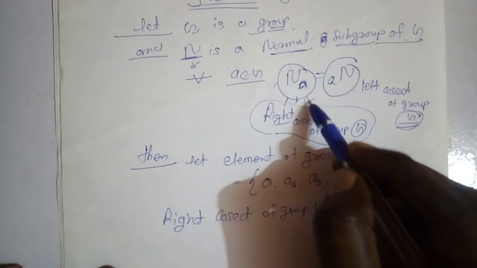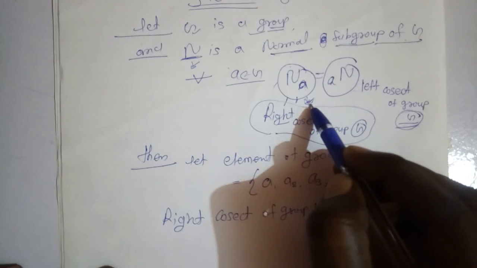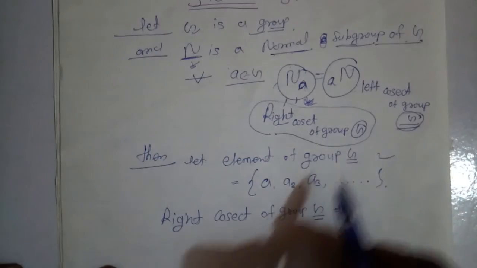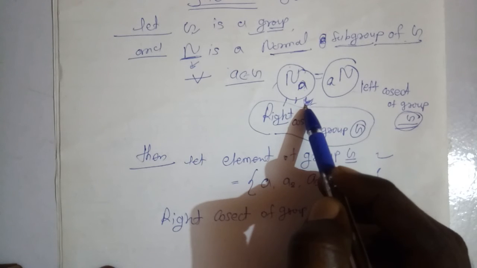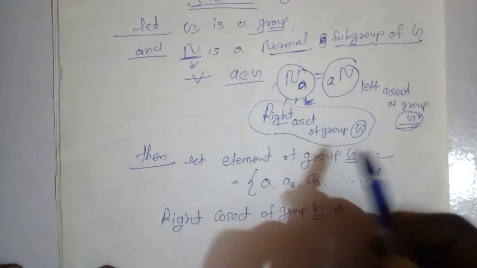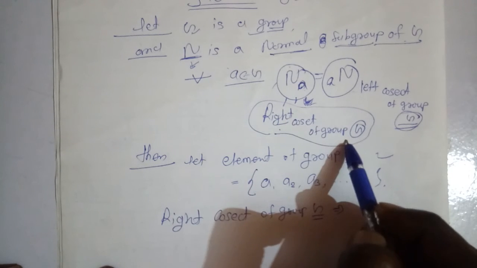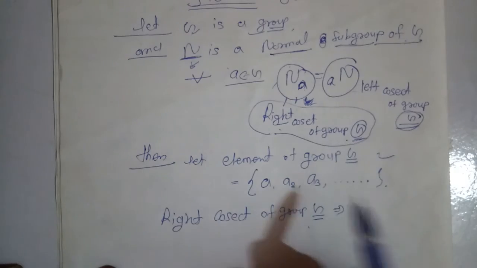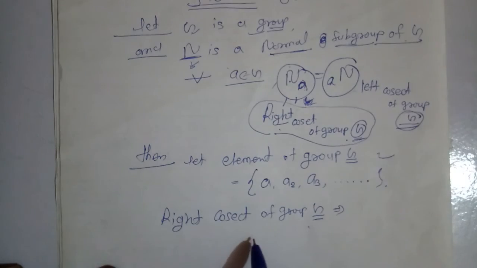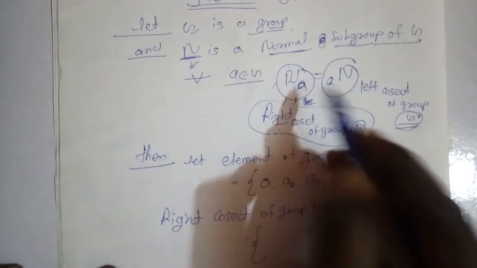Look here, students, very carefully, this is a very important topic. Right coset of group G, then we can write Na.